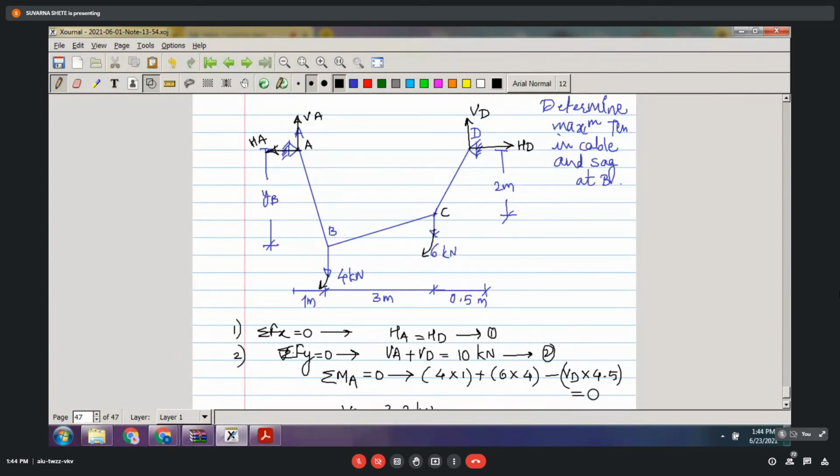So can I isolate this much part, only C to D? HD is not known to me, but VD I just found. Ma'am, I got VD as 6.22. Yes, ma'am. And then VA should be 3.8 if VD is 6.2. VD equals 6.2 and VA 3.8.